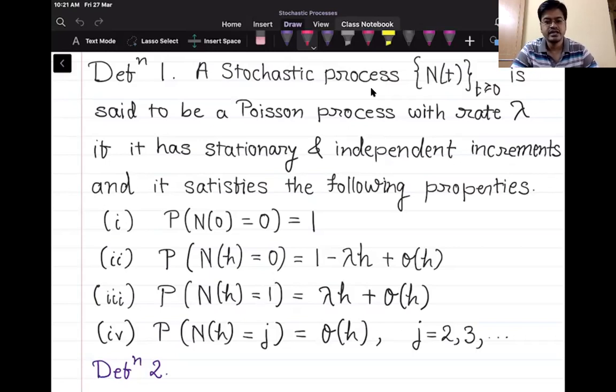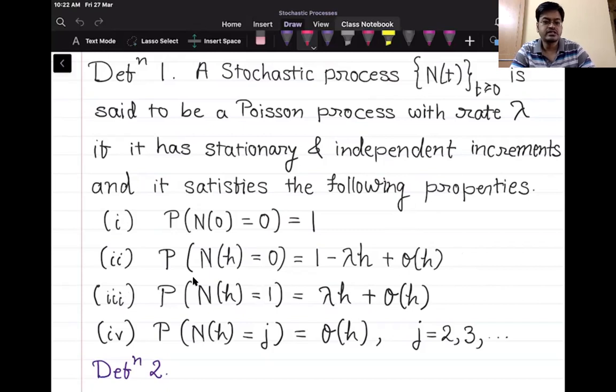Second condition is, in any short span of time, that is an interval of time h, the probability of N(h) equal to 0 is 1 minus lambda times h plus order of h. Lambda is the rate at which something happens. Those order of h quantities can be ignored. Order of h means that thing divided by h, as h tends to 0, will become 0.